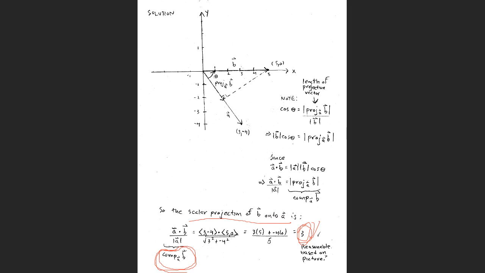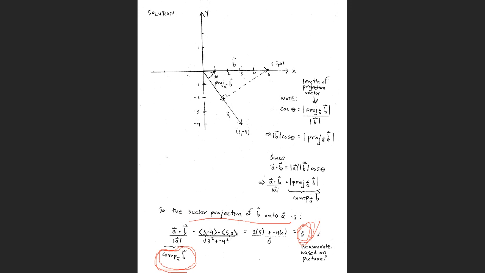What does COMP stand for? Component? Component. Okay, and it's just the component. The scalar component of the vector B onto A. Think of it like that.